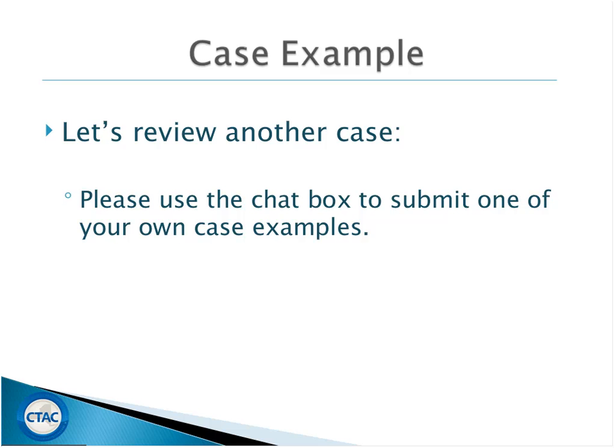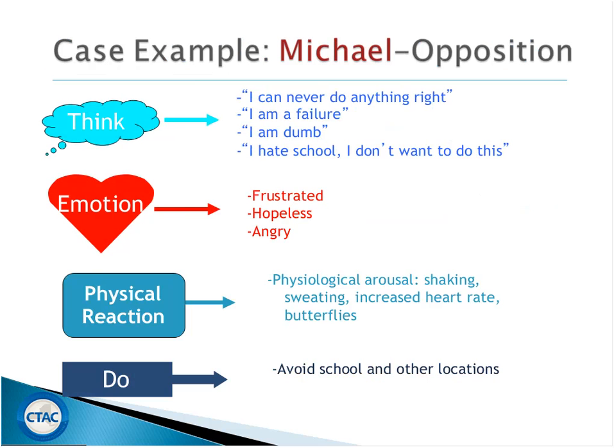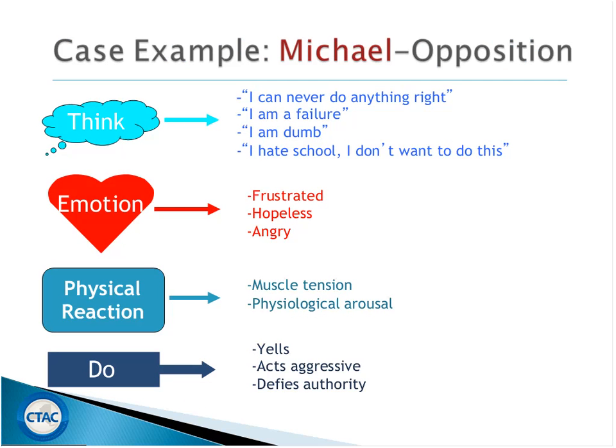So in terms of, I think we have some information, and I'm going to scroll back to Michael's example as I go through this. I think probably some of his thoughts, well, let's get to his thoughts in a second, but emotions, I think he feels angry, and he feels probably frustrated, and I would say confused, if we could use confused as an emotion.